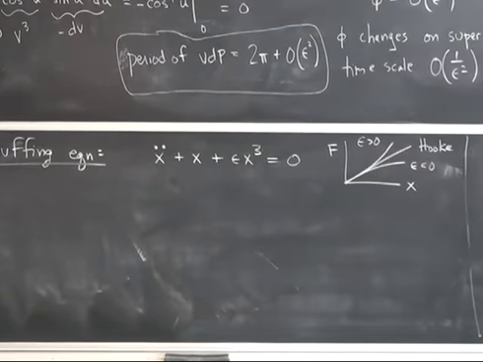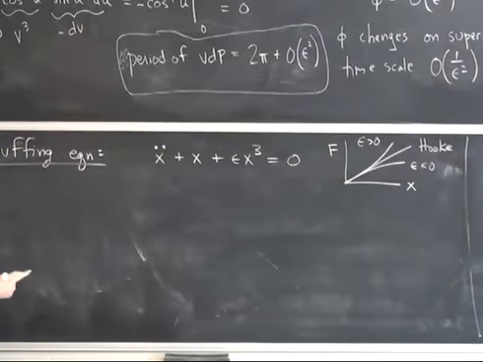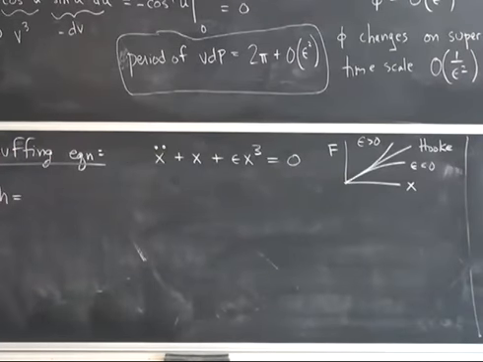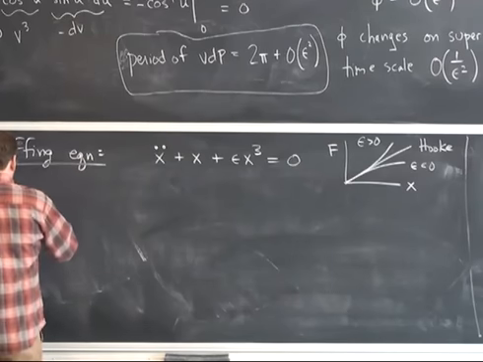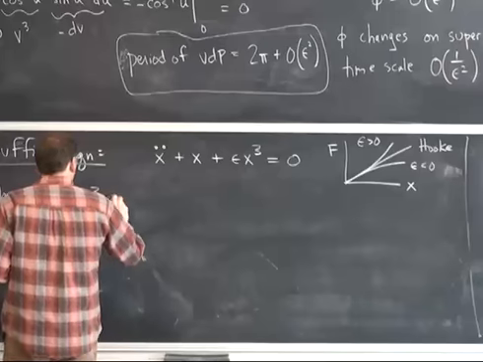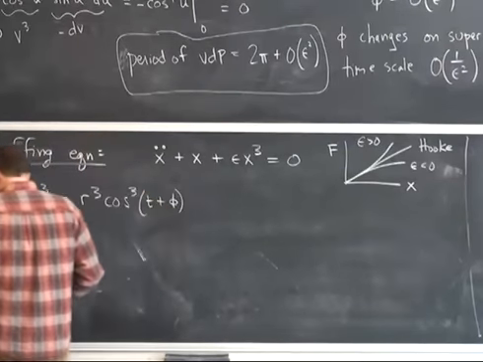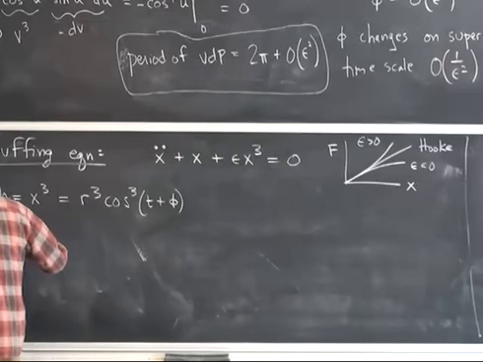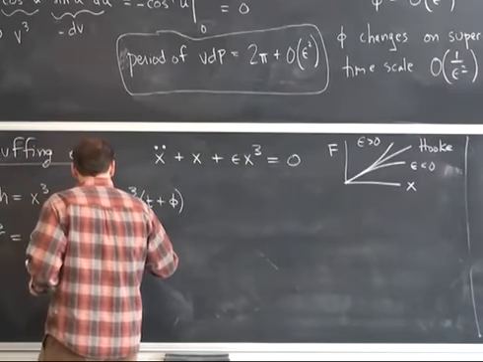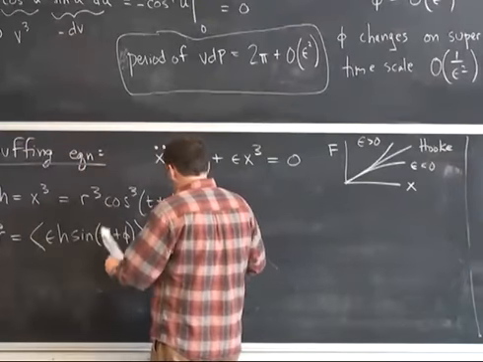So anyway, this raises this interesting point. What happens if you have a spring whose stiffness changes as you stretch it? Well, just cranking out our equations here, this is what I mean by back of the envelope. Knowing that the h in this problem is just x cubed, then this becomes r cubed cosine cubed of t plus phi. And so if I ask what happens to r dot, it's going to be the average of epsilon h sine t plus phi, again ignoring all the details with the epsilon squared and stuff.